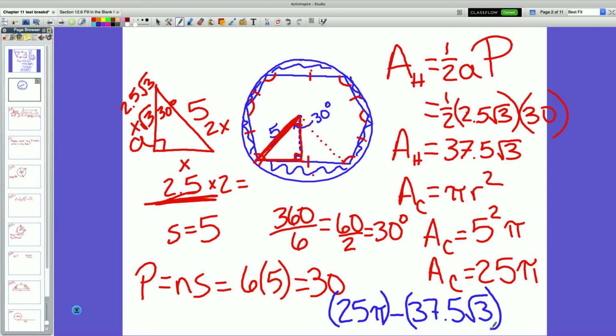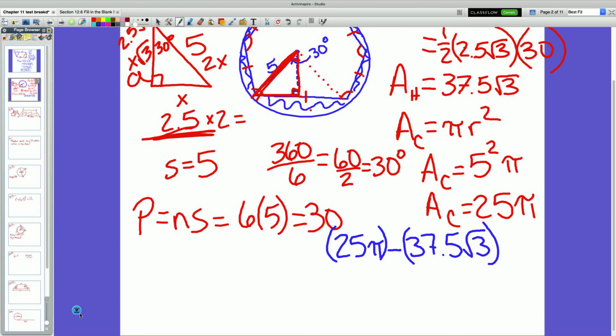What I would do is I would take 25 times pi, and I get an ugly number. I would put that in your memory plus. And then I would take 37.5 times square root of 3, get an answer.